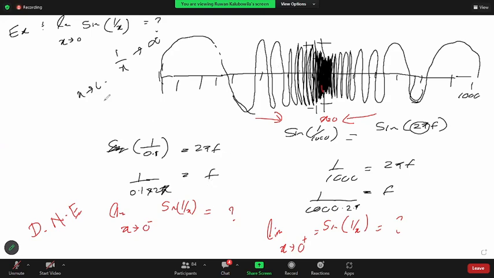Using that story, please remember that the limit of sine 1 over x when x approaches 0 does not exist. So if you have this kind of term directly, you can tell this limit does not exist. That's the story behind this problem.